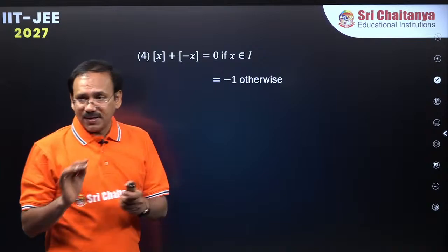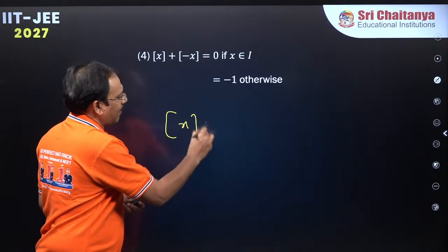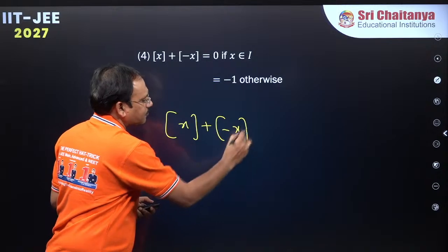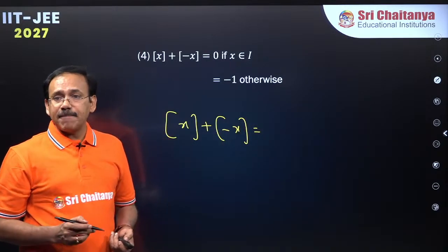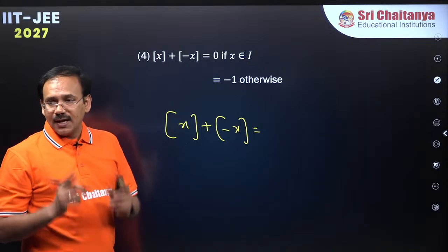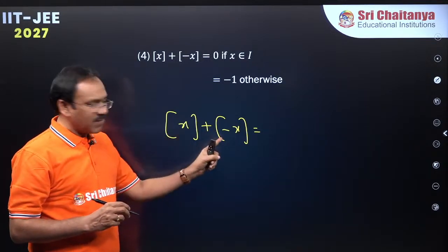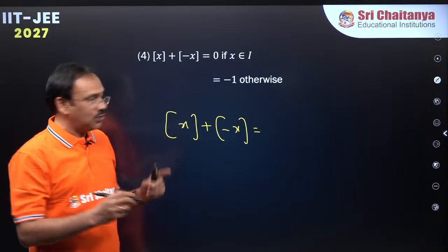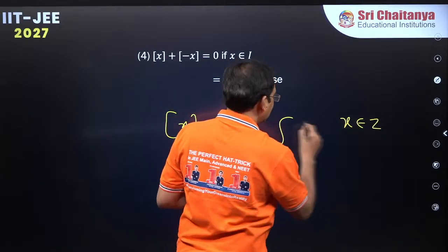The fourth property: what can you say about step x plus step of minus x? All of you must master these 4. Just take some integer 3. This is 3, this is minus 3. 3 minus 3 is 0. If x is an integer, it is definitely 0.